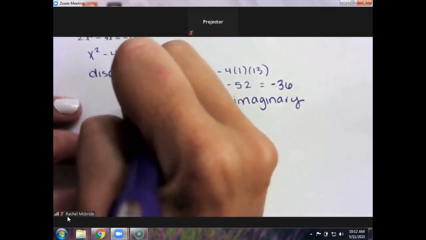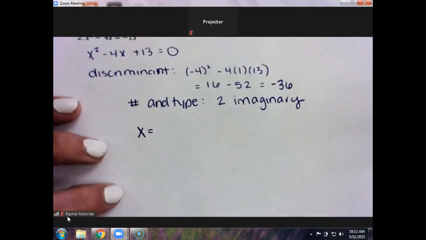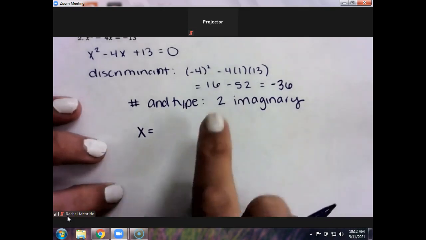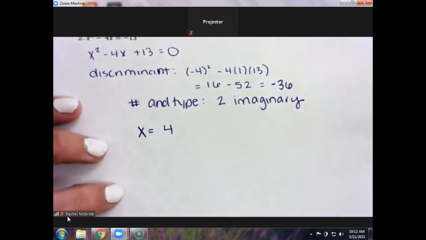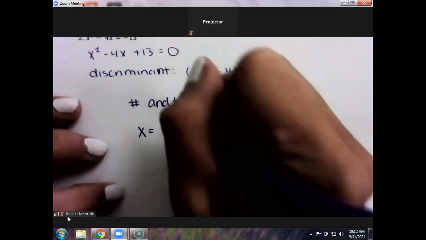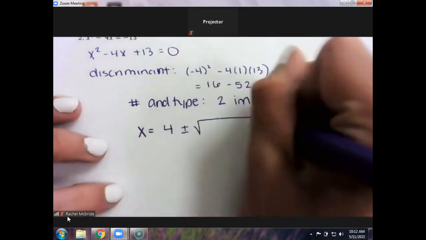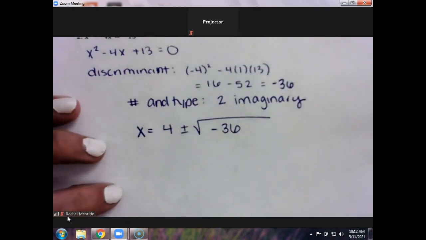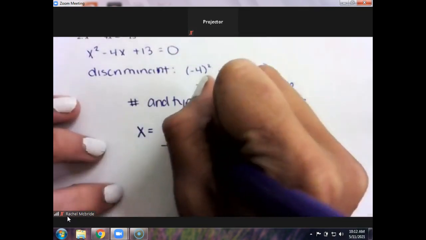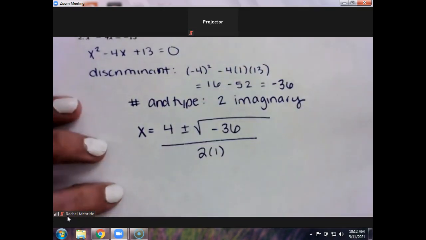The quadratic formula is x equals negative b, so positive 4, plus or minus the square root of negative 36, all over 2a.